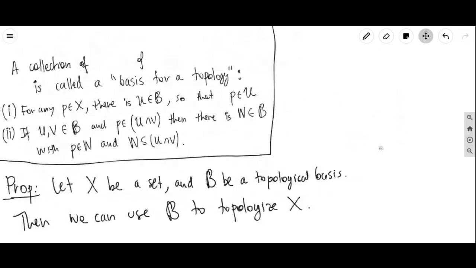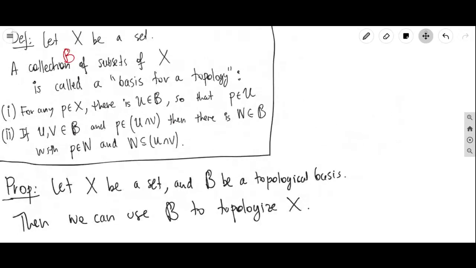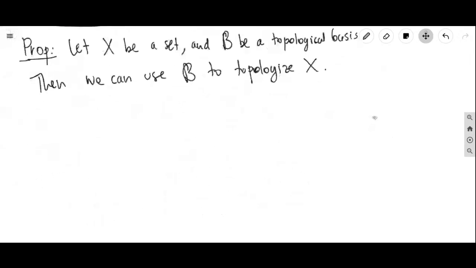metric space. In a metric space, you say that something is open if for every point you can fit a disk. What's special about a disk is that it is like a special basis element. So you're going to do something very similar over here.